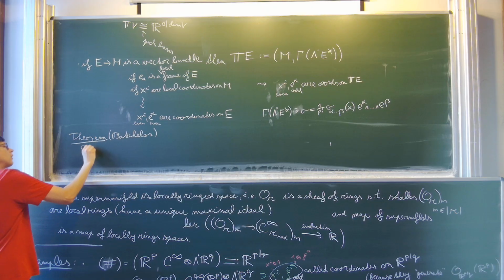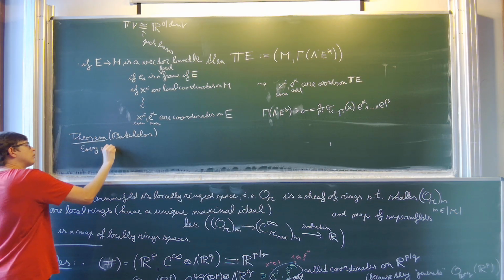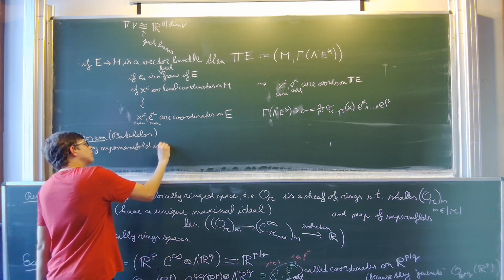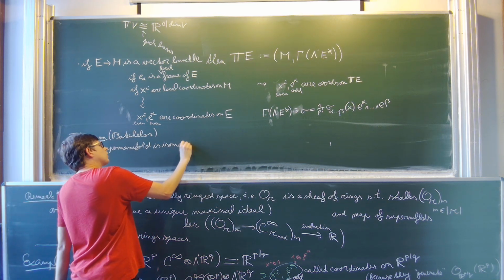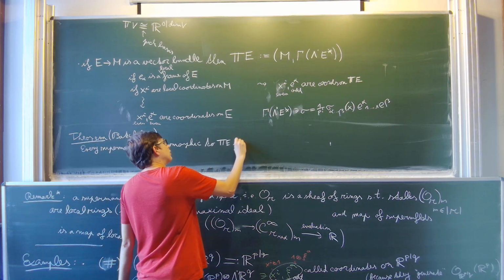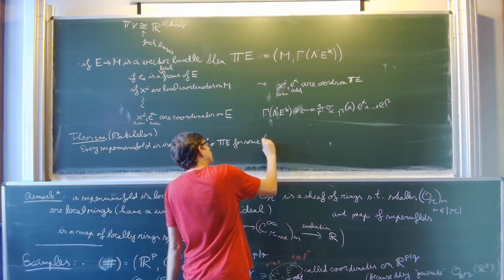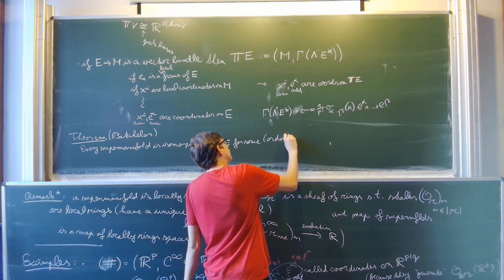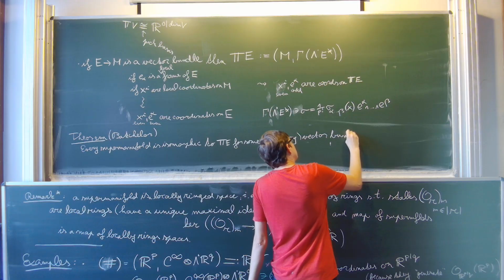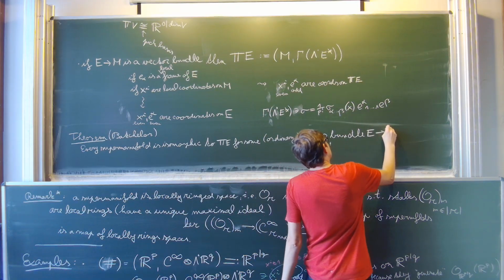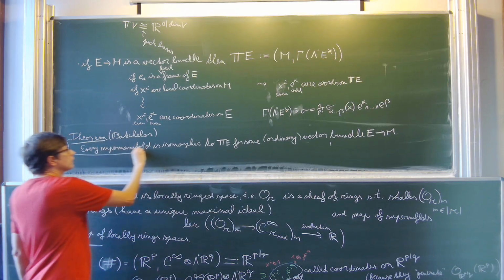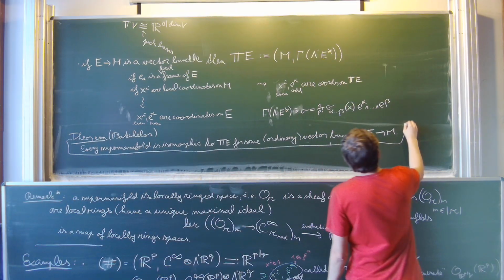It says that every supermanifold is isomorphic to parity shifted E for some ordinary vector bundle E. It turns out that this example above hosts in some way all the supermanifolds, at least in this smooth category we are working in.